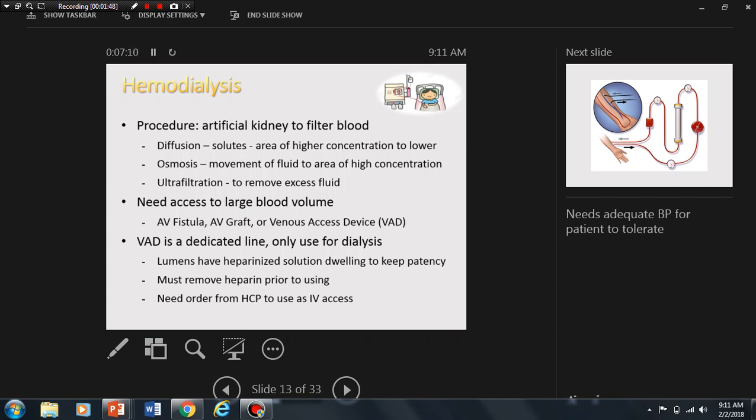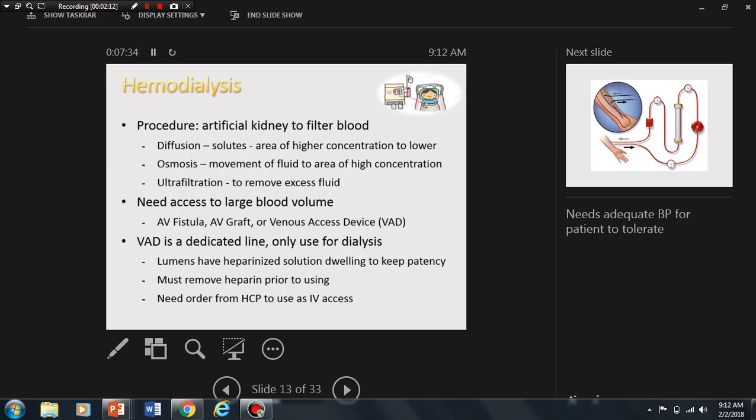And so the fluid in the patient's blood is going to move to that area of higher concentration, that high dextrose content in the dialysate. Then that excess fluid is going to be pulled off as waste or effluent on the other side of the dialysis machine. And then ultrafiltration is just another method to remove the excess fluid the patient is unable to excrete.